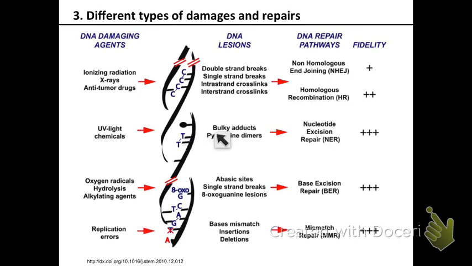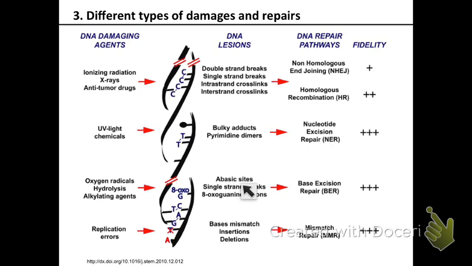This can also cause the addition of bulky adducts, which basically means adding molecules to the base itself. These are typically repaired by nucleotide excision repair. Some oxygen radicals, spontaneous hydrolysis, and some alkylating agents can also cause damage to the base. They can cause abasic sites.